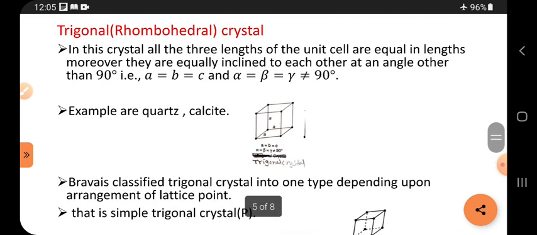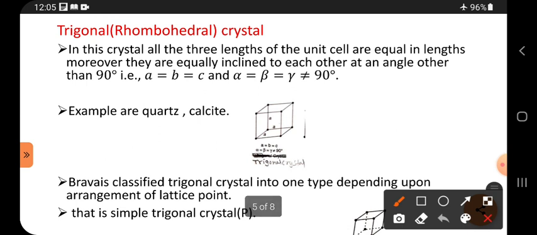Next, trigonal. In this crystal, all three lengths of the unit cell are equal, and they are equally inclined to each other at an angle other than 90 degrees.